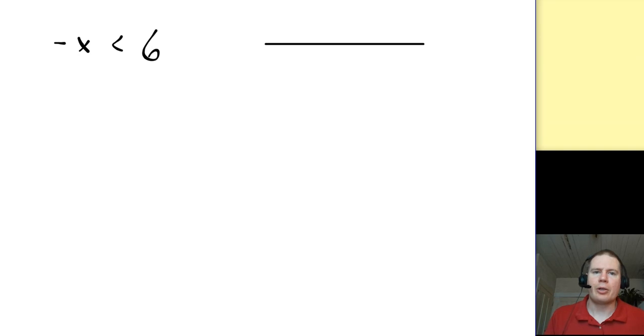I'm trying to think, okay, what's going on here? Well, here's 0. Negative x is less than 6, so here's 6. The opposite of x is less than 6.